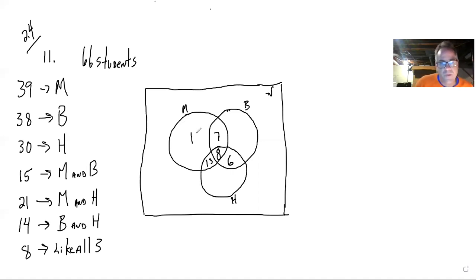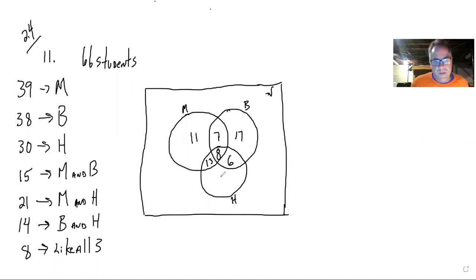So I would need 11 more to get my total of 39 in the set of Mozart. Then I'll do the same for the next two. Beethoven says there's 38, of which I have counted 15 plus 6, which is 21. 38 minus 21 is 17.